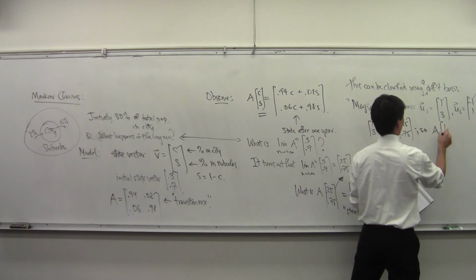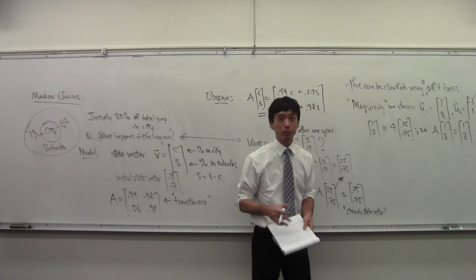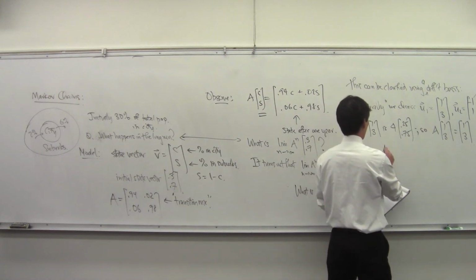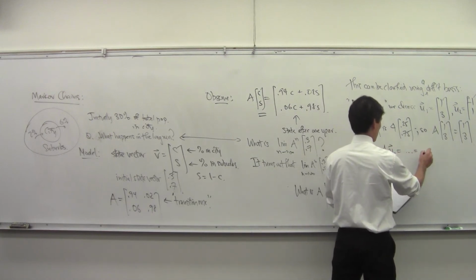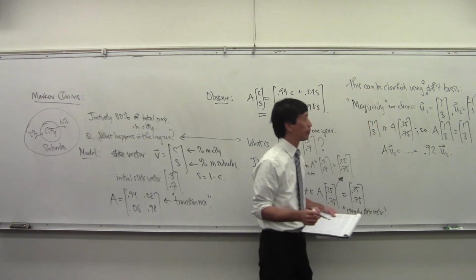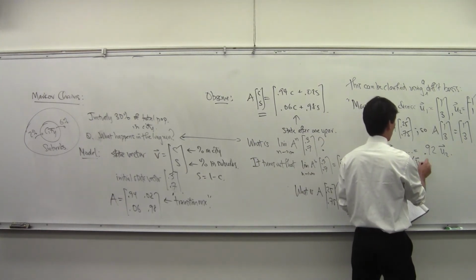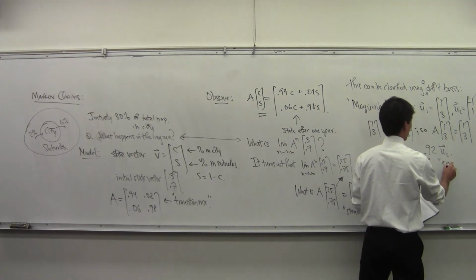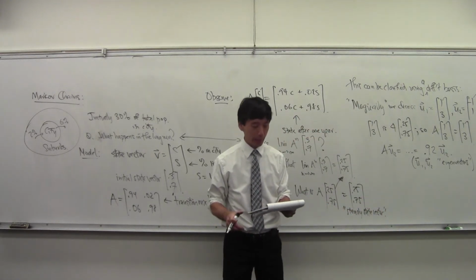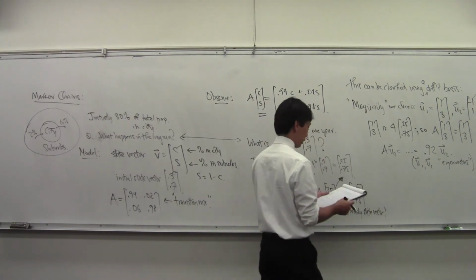So A times 1, 3 is just 1, 3, and it's a multiple of the steady state vector, so it doesn't change either. A times U2, if you calculate it, turns out to be a number times U2. U1 and U2 are what are called eigenvectors, and we'll do a lot with them later.